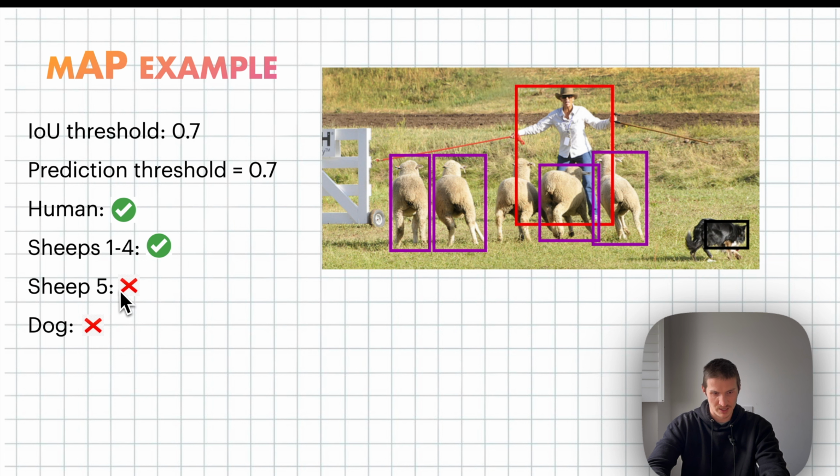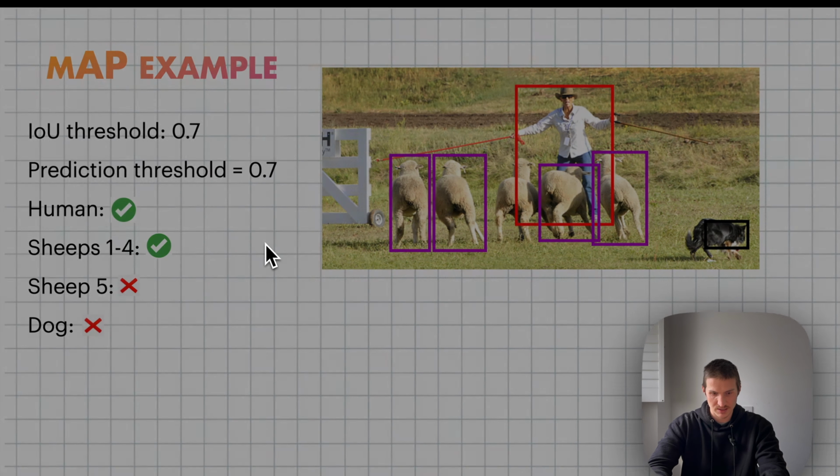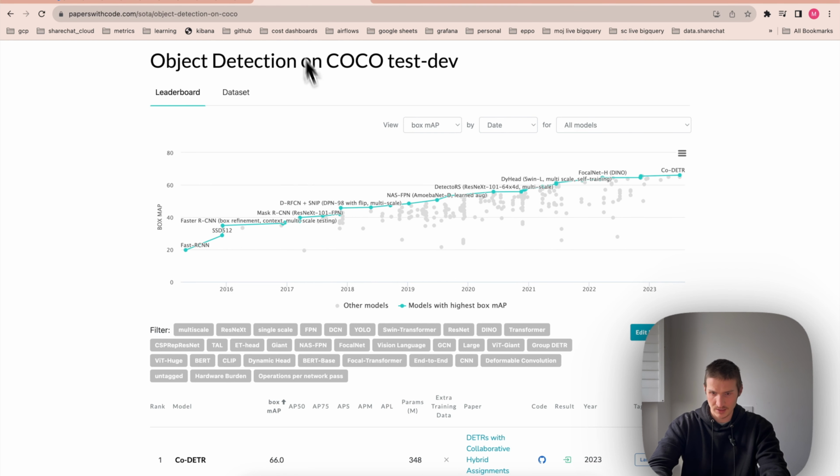So now we have an extra error for sheep number 5. And so iterating like this, we calculate the total number of correct predictions and incorrect predictions, and from there we calculate the average metric. And this metric is used in the COCO dataset.